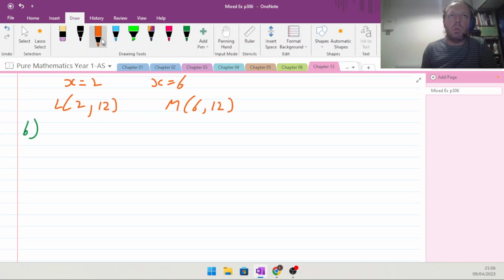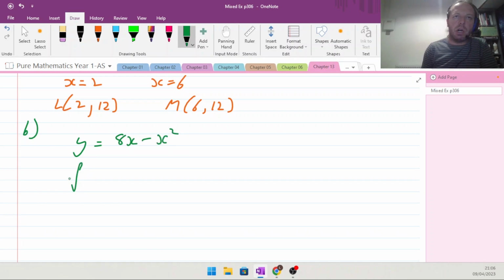So y is equal to 8x minus x squared. Remember we multiplied it out. The integral of this between, what we haven't got is the upper bound, but because y is equal to x(8 minus x), then we've got x equals 0, which we could see on the picture that it went through 0, and x equals 8.